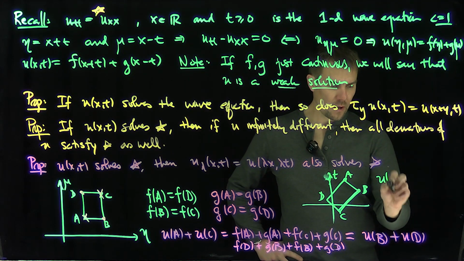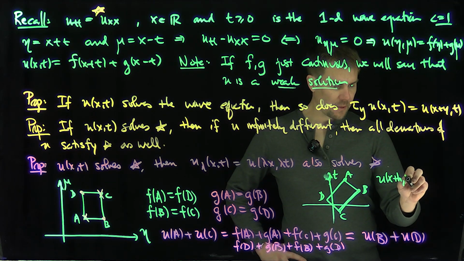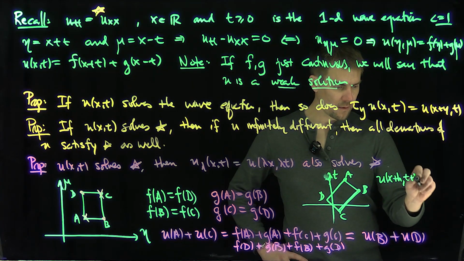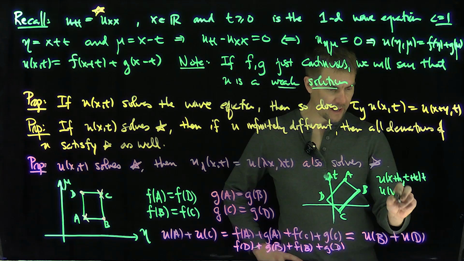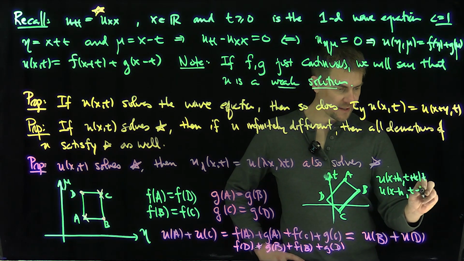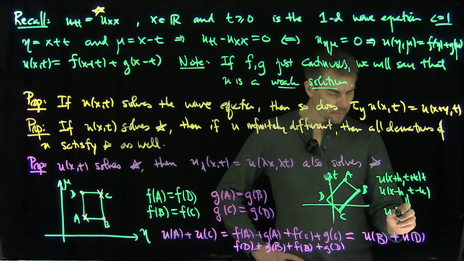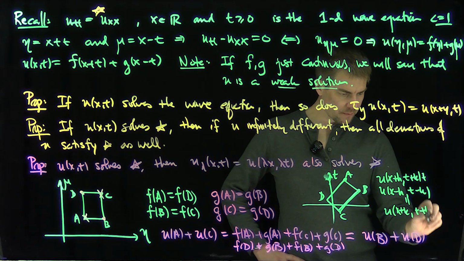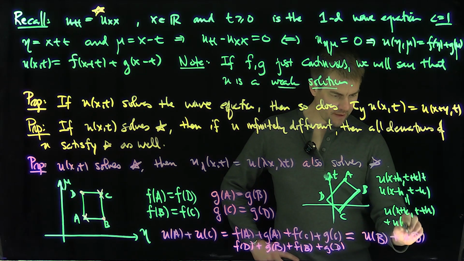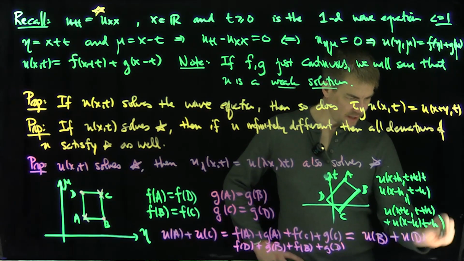This would say that U of x plus h, comma, t plus k, plus U of x minus h, t minus k, has to be equal to U of x plus k, t plus h, plus U of x minus k, comma, t minus h.